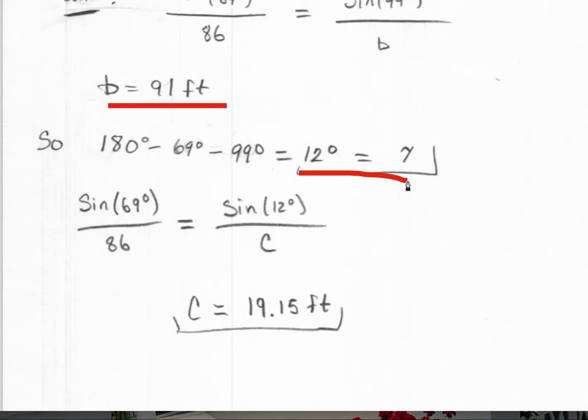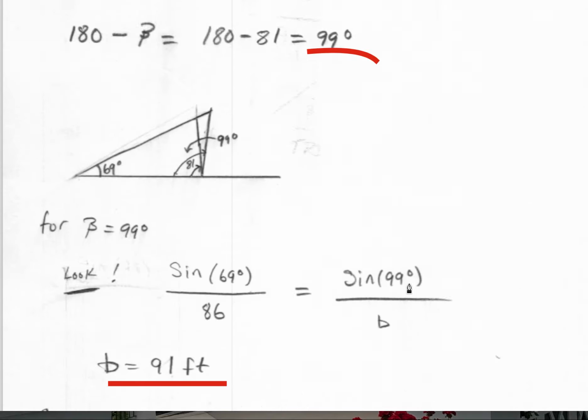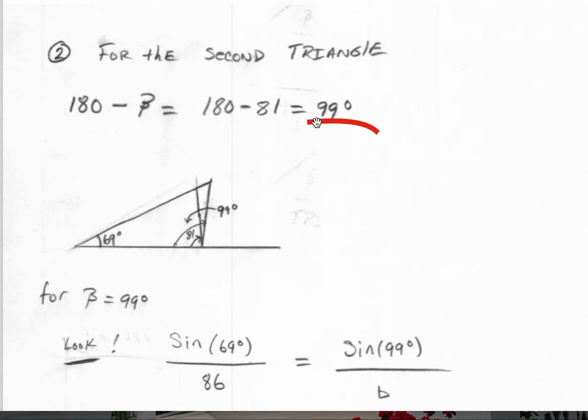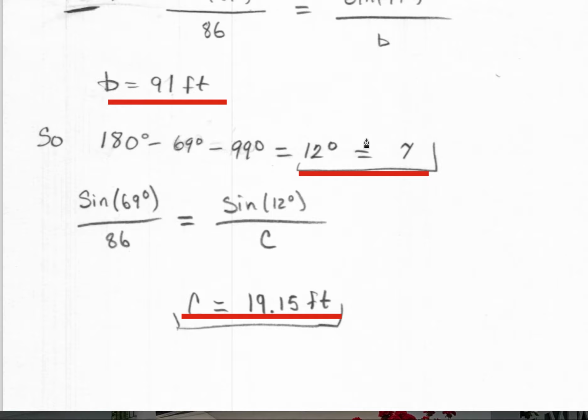Then I figure out C by taking the sine of 69 degrees divided by 86 equals the sine of 12 degrees divided by C, and I solve for C and get 19 feet. So for the second triangle, beta is 99 degrees, gamma is 12 degrees, and side C is approximately 19 feet.